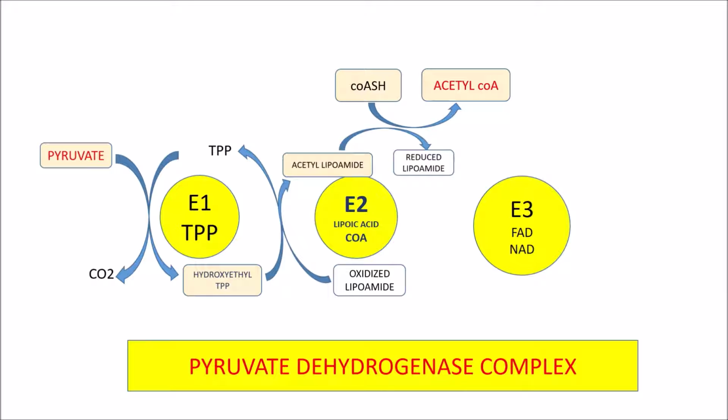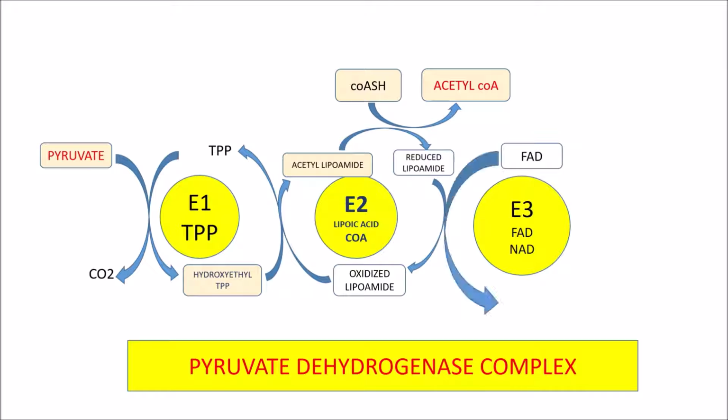But here the E2 is still attached to acetyl CoA. That's why the other enzyme E3, which is dihydrolipoyl dehydrogenase, is going to perform the oxidoreductase reaction, and it will detach the E2 from acetyl CoA.